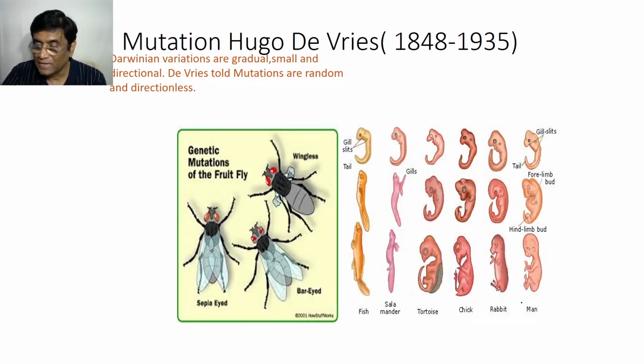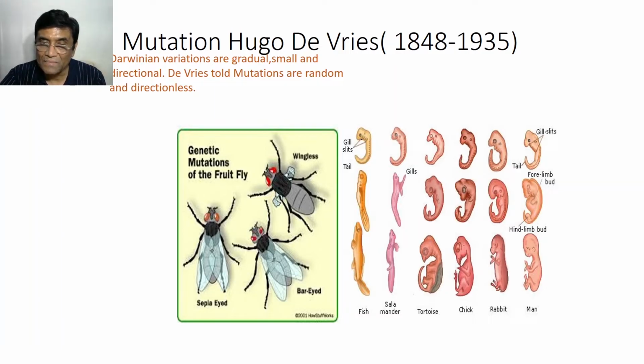You see here, this is the fetus of man, this is rabbit, this is chick, tortoise, salamander, and fish. So you see, in some stage, all fish, salamander, tortoise, chick, rabbit, and man are similar, right? They have gill slits, which is a characteristic feature of an adult fish.